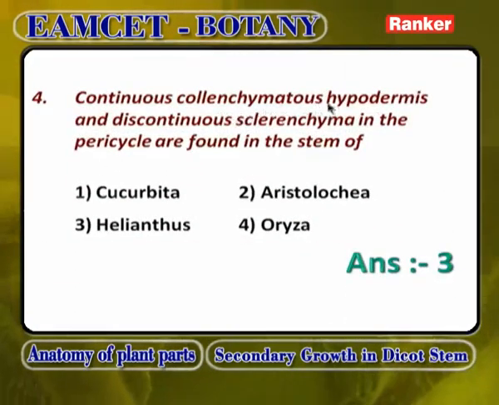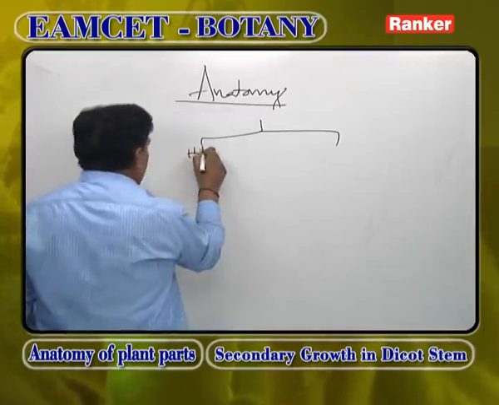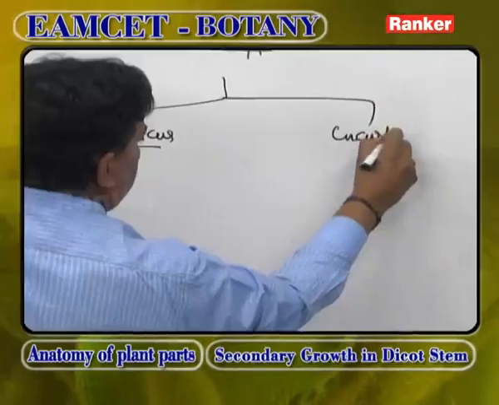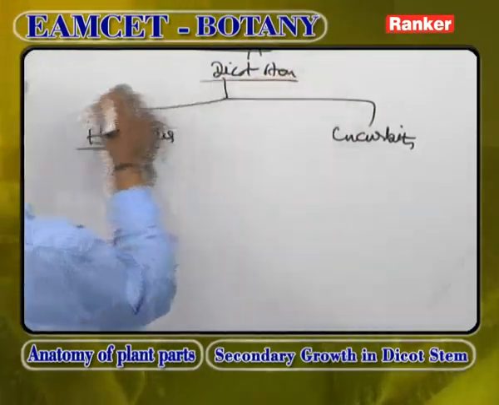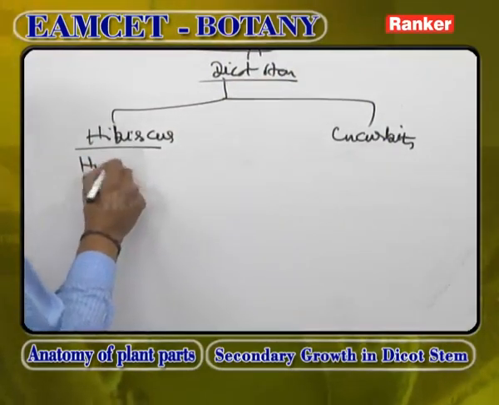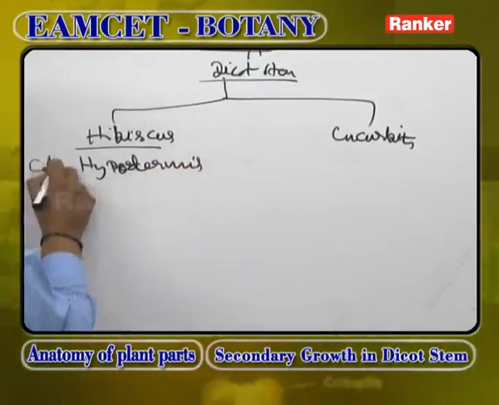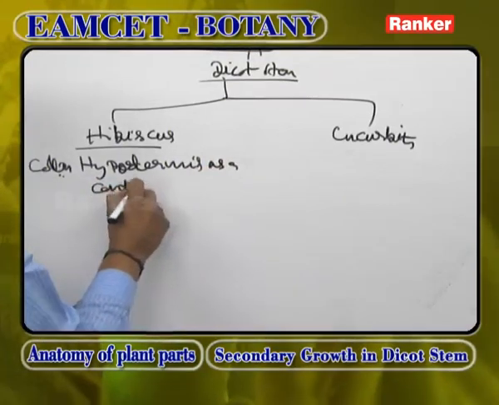Continuous collenchymatous hypodermis and discontinuous sclerenchymatous pericycle are found in the stem of which plant? You have to remember two concepts: dicot stem in hibiscus and dicot stem in cucurbits. In hibiscus, the hypodermis is collenchymatous and is present as a continuous ring.